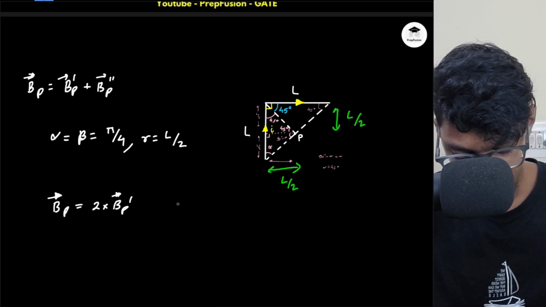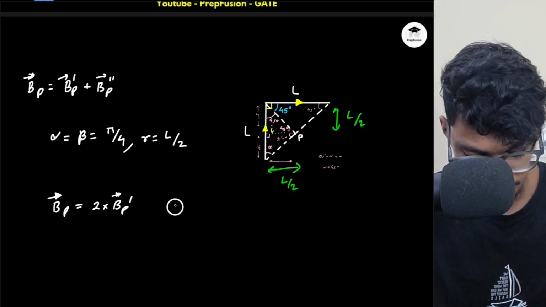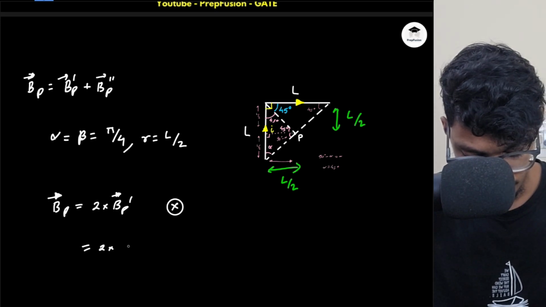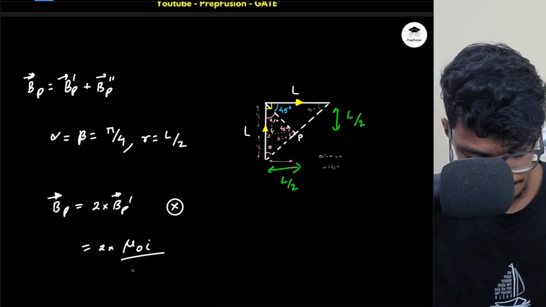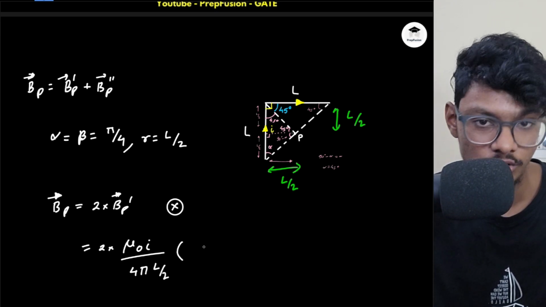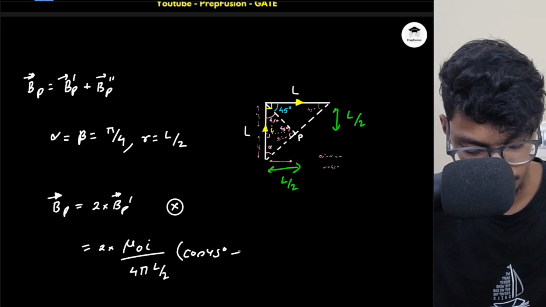What is the direction? The direction is piercing into the screen, so it will be a cross sign into the screen. 2 times mu naught I by 4 pi L by 2 into cos 45 plus cos 45.